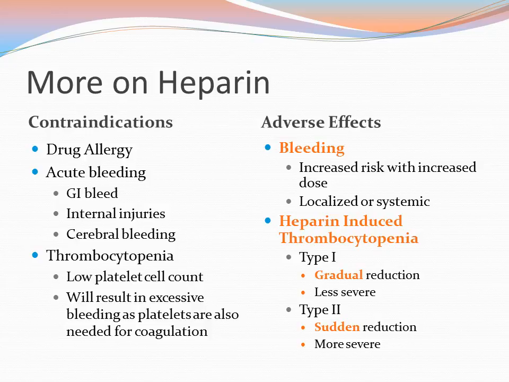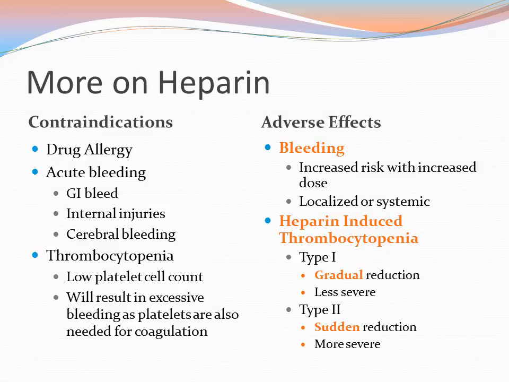The other big side effect associated with heparin, luckily there's only two you need to know, but they're both pretty significant. The second one is heparin-induced thrombocytopenia. Now this is a special type of thrombocytopenia, and it can be a little bit more dangerous than just somebody has low blood cells because of a disease process. You will learn more about it when you get to more advanced classes, but just understand this is a special type of thrombocytopenia.